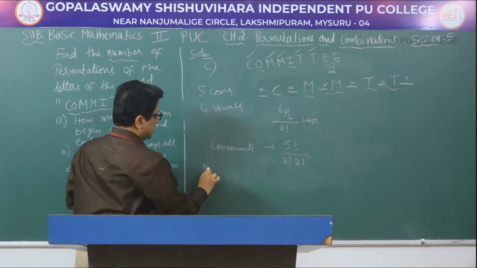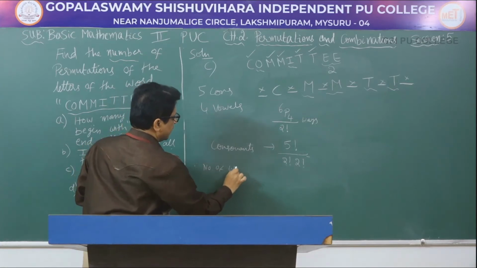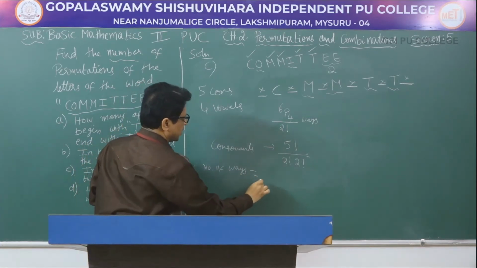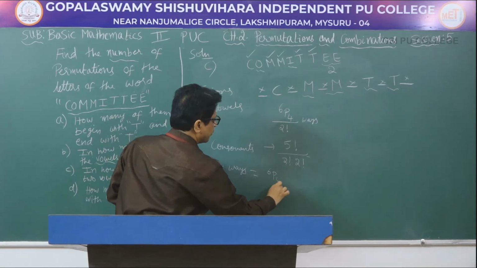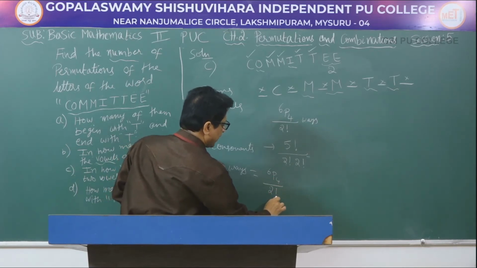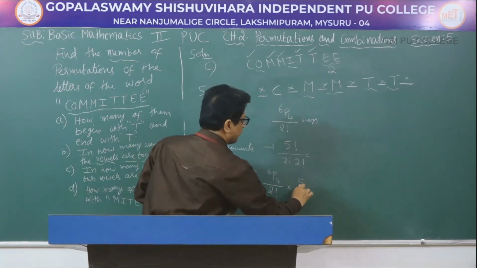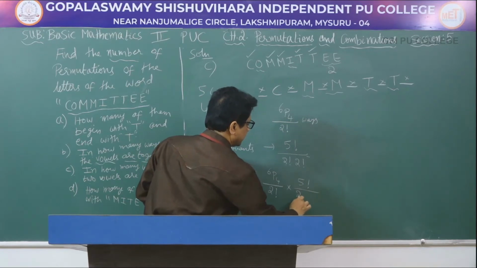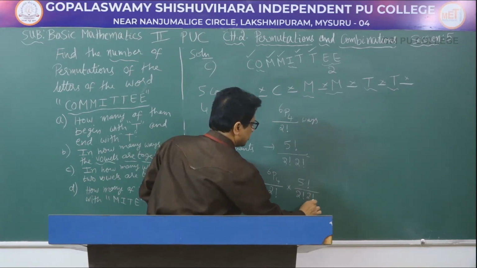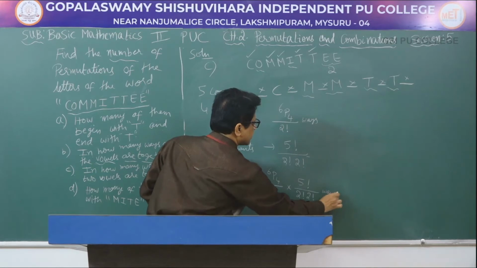Therefore, the number of ways will be equal to 6p4 by 2 factorial into 5 factorial by 2 factorial into 2 factorial ways.